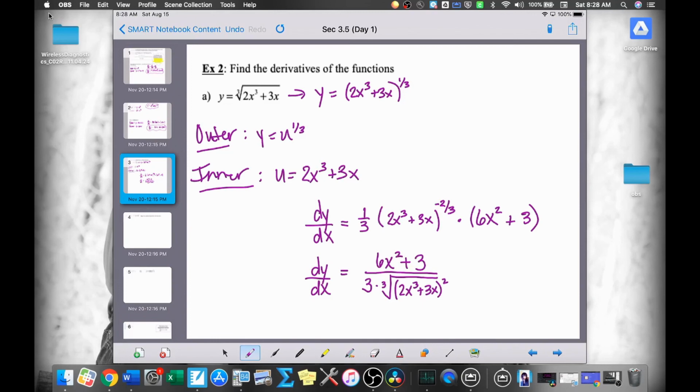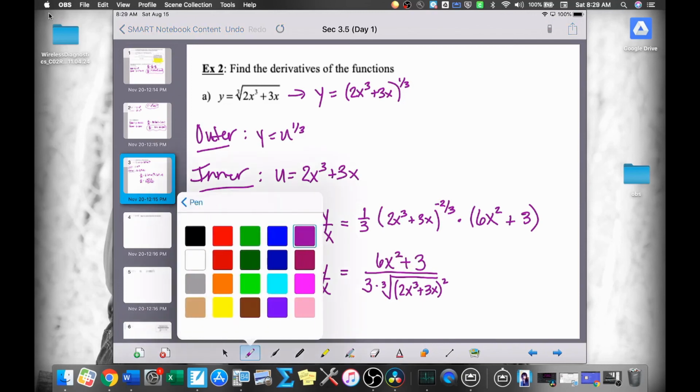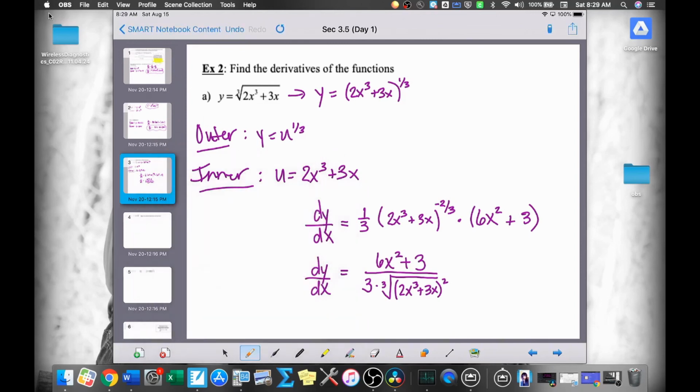Now there is one more thing that we could do here, and some of you already may see it, some of you may not, that's okay. 6x squared plus 3, that has a GCF of 3, so if we factored a 3 out, this would become 2x squared plus 1. And the benefit of doing that is we've got this 3 right here and this 3 right here, which we can cancel.